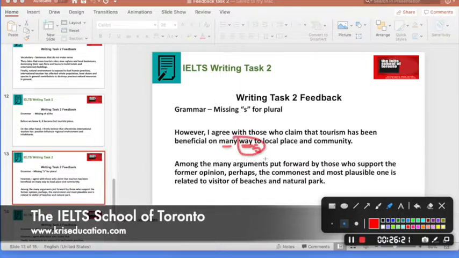And the same thing here. Visitors, or beaches, and natural parks. Parallel structure, guys. Beaches is plural, visitors needs to be plural, and natural parks needs to be plural. So be careful with the use of s for plural too.